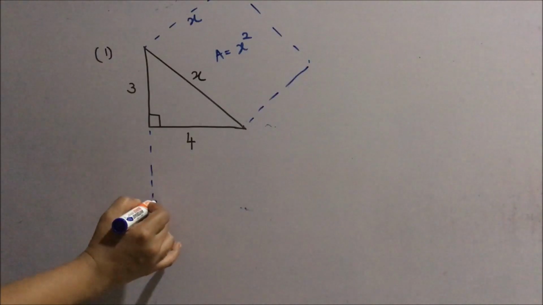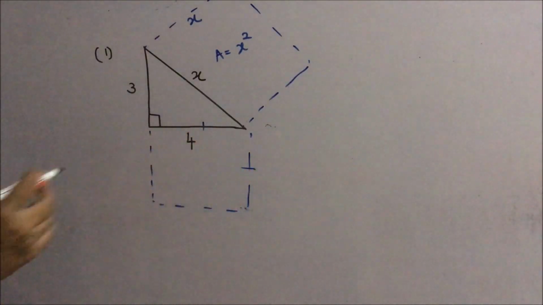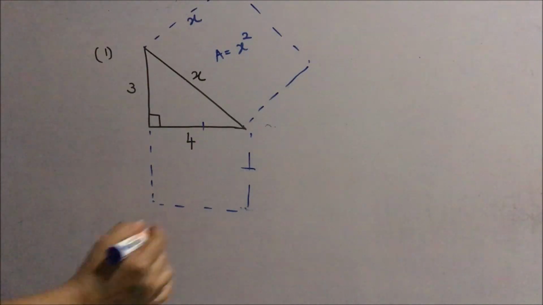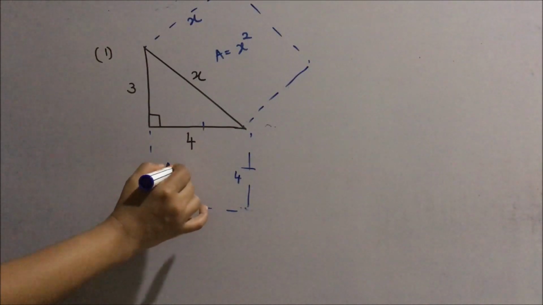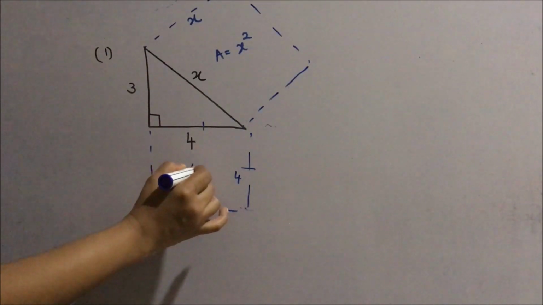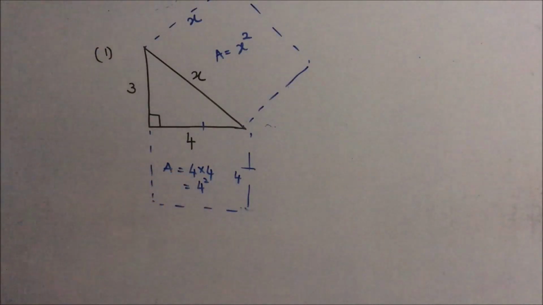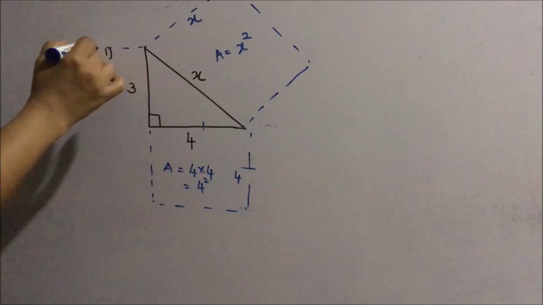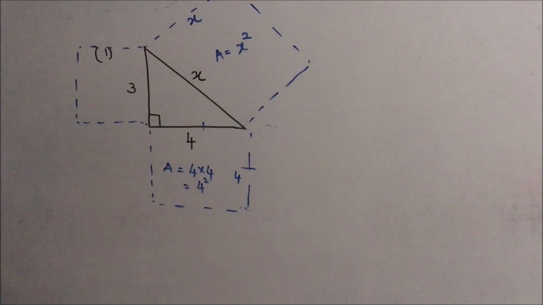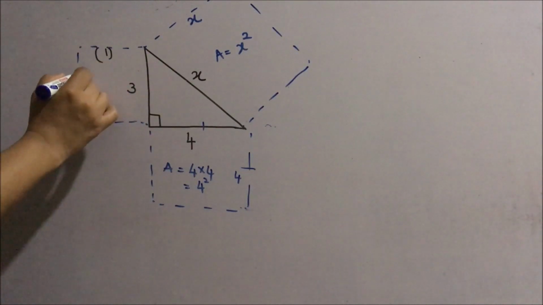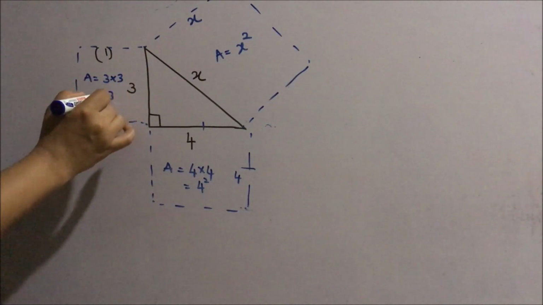If we draw a square here, and these four sides are equal, then the area equals 4 times 4, 4 square. When we draw a square here, the area of the square equals 3 times 3, we can write it as 3 square.